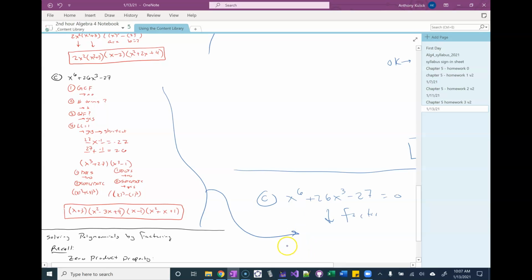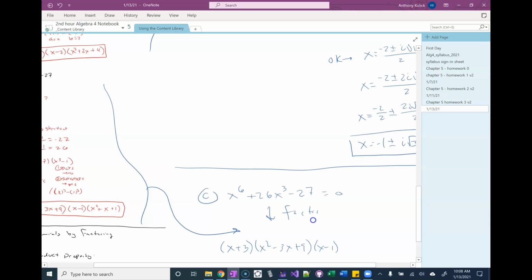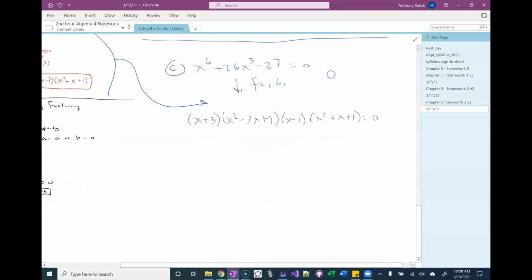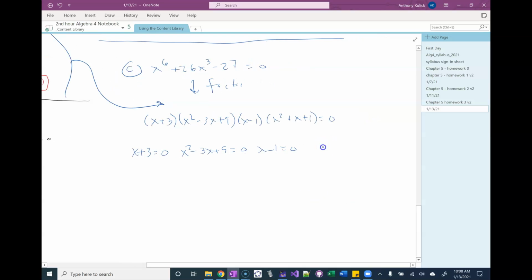I'm going to steal all that work. And just like we've done for each of these examples, once we have it factored, we just set the factors equal to 0. And then we can solve them each independently.